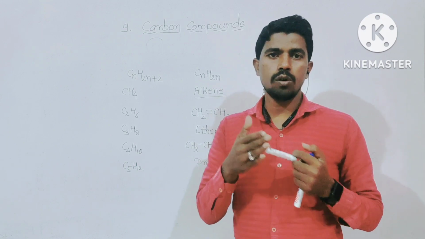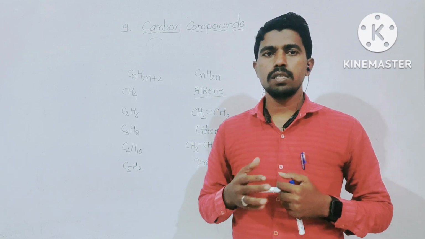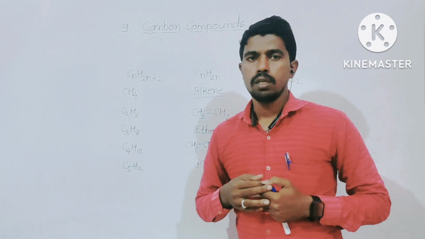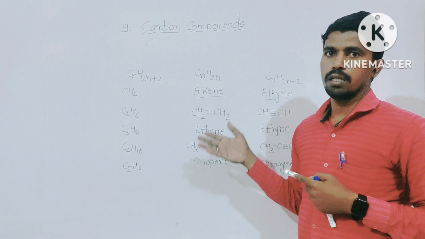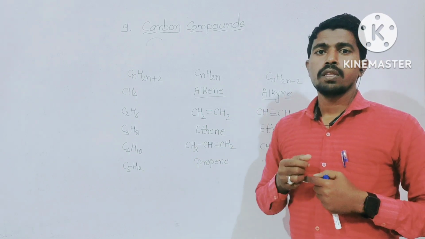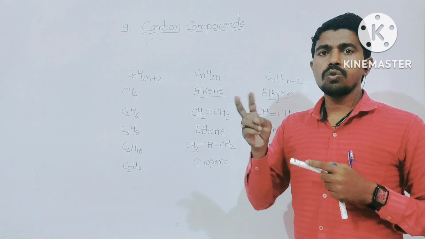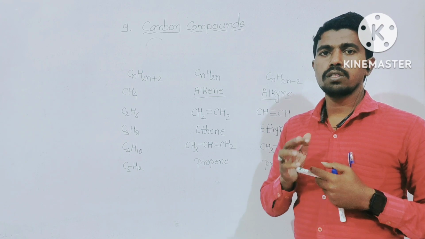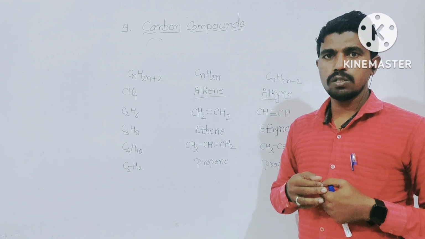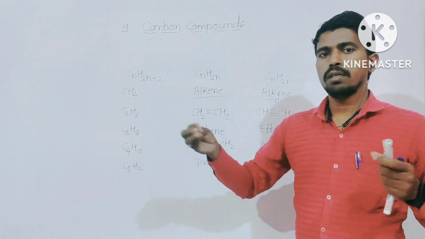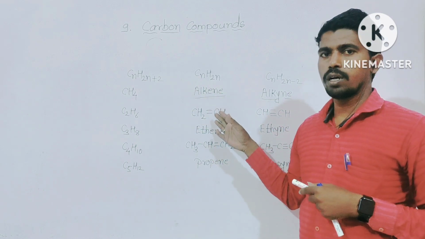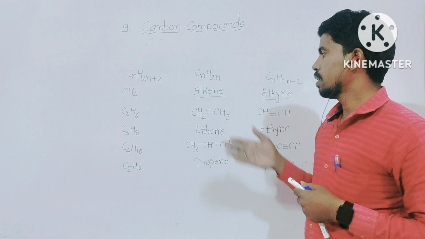All the valencies of carbon atoms are satisfied by single bond. In unsaturated hydrocarbon, in alkene, at least one double bond is present in a carbon compound. Such hydrocarbons are called as alkene.